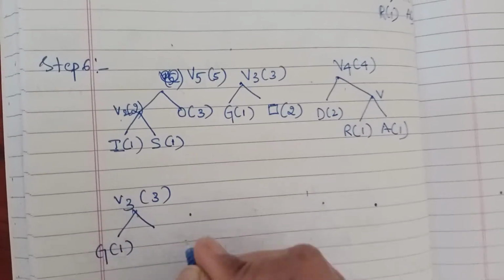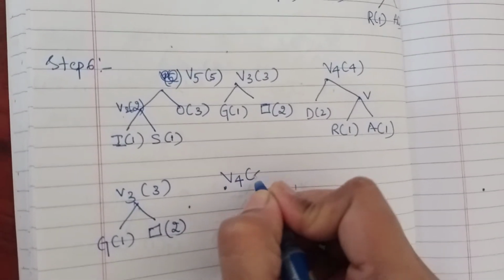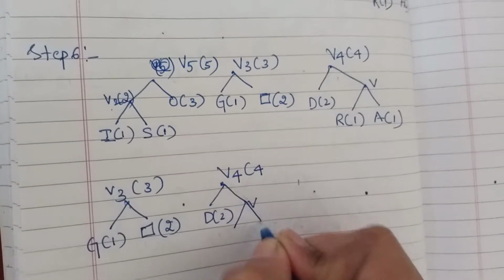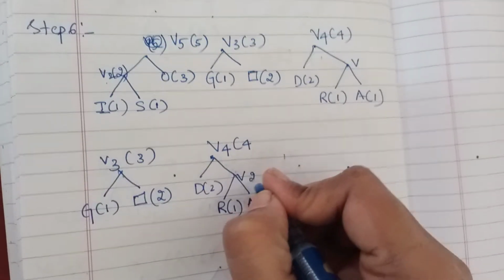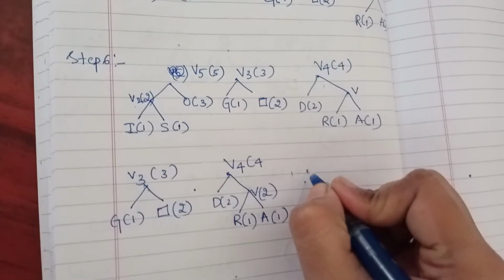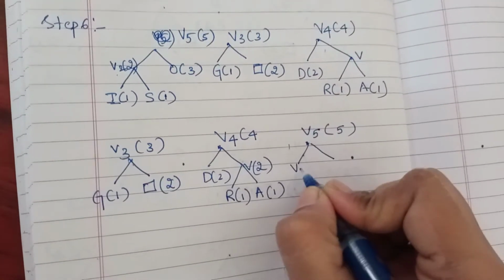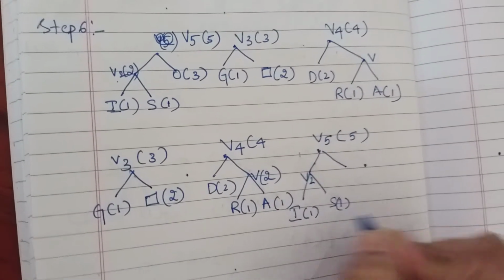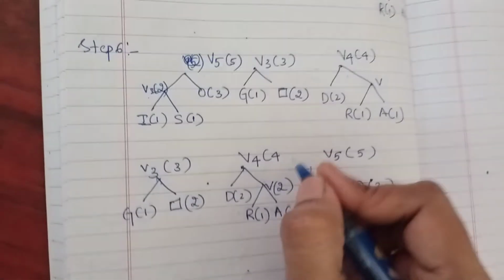So G of 1, blank space of 2, and next comes V4 of 4, D of 2, and V of R and A, V of 2. Next comes V5 of 5, where you have V2 towards one side, that is I of 1 and S of 1, and you have O of 3. So now it is in an ascending order.